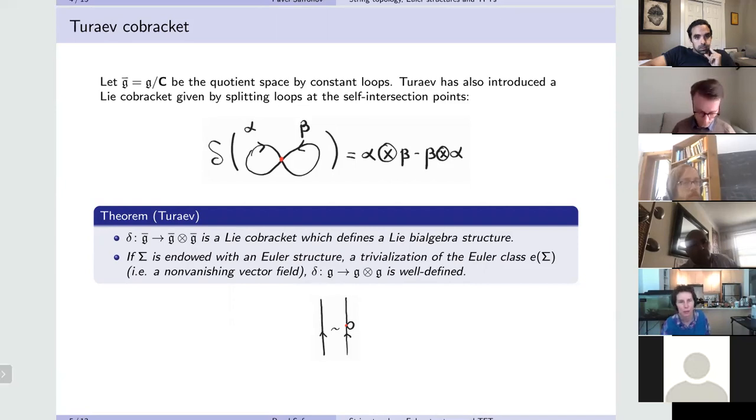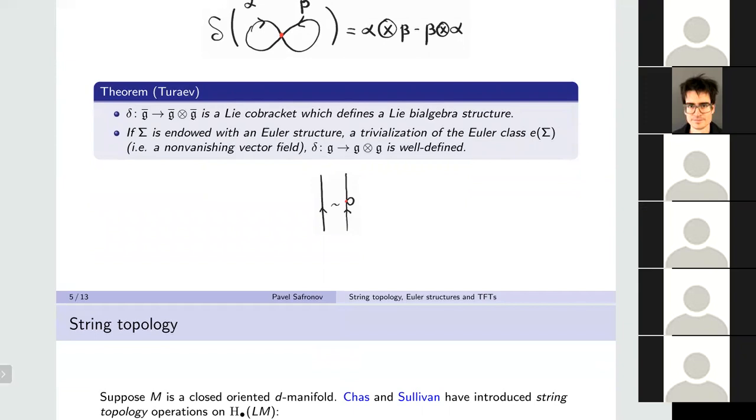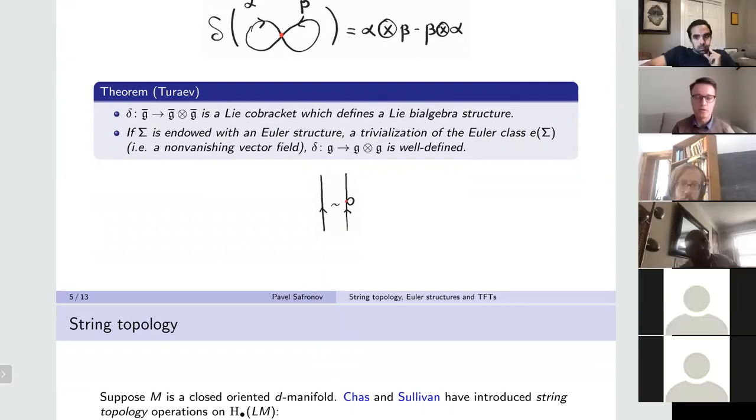Okay. So now these operations, this Goldman bracket and Turaev cobracket, were generalized by Chas and Sullivan to higher dimensions. Sorry, for a surface, do you ever get something that has Euler characteristic 0 aside from, let's say, sphere? A sphere has Euler characteristic 2. I'm sorry, aside from the torus.